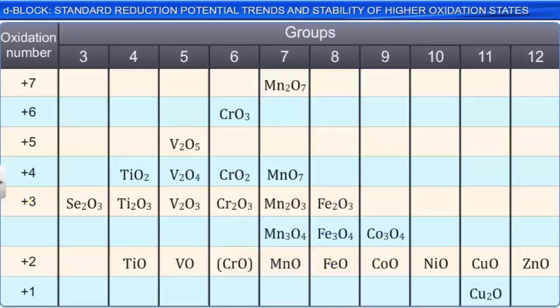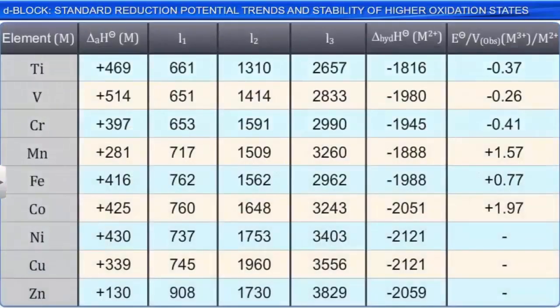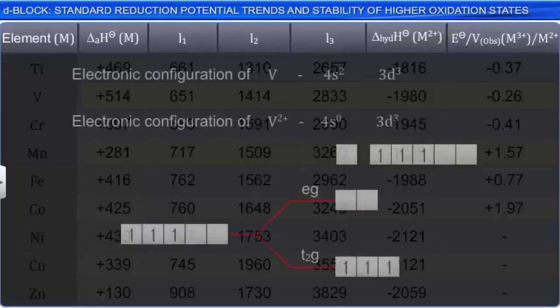The observed electrode potentials for these elements are shown in the table here. The lower value for vanadium is due to the stability of V2+, as it has a half-filled t2g level.